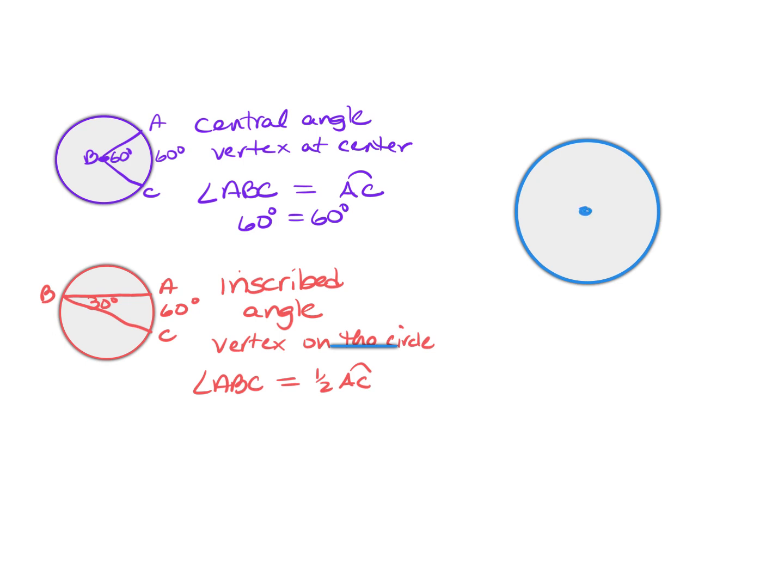So let's say I have a radius and a tangent. Know that when a tangent and a radius intersect, they form perpendicular lines. So AB here would be perpendicular to BC.